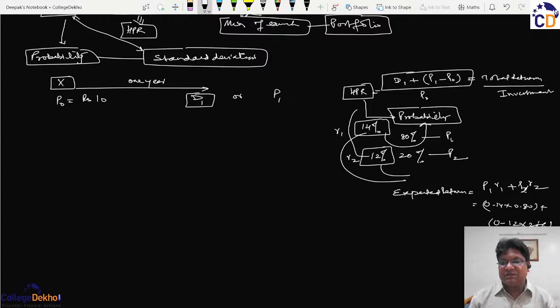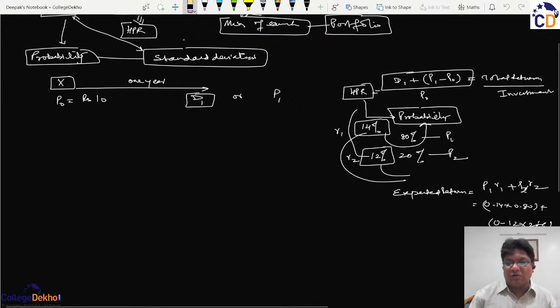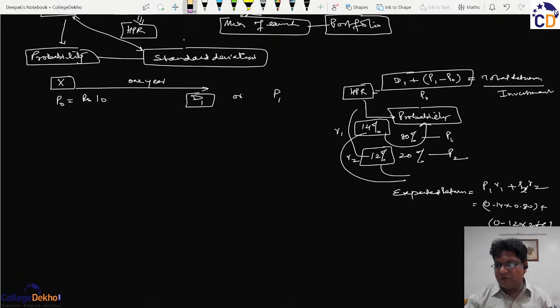So you will see that this comes out to be, I think it will be point, not the zero here, because there should not be any mistake, this 0.14 times 0.8 is 0.112, plus 0.12 multiplied by 20%, which is 0.024. Adding 0.024 and 0.112, this comes out to be 0.136.